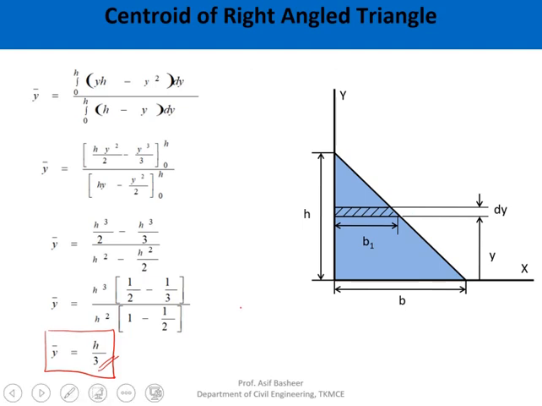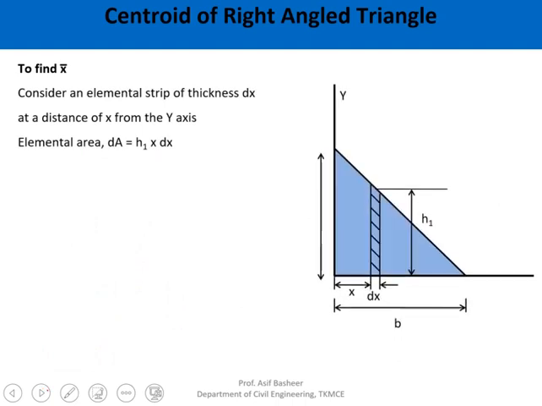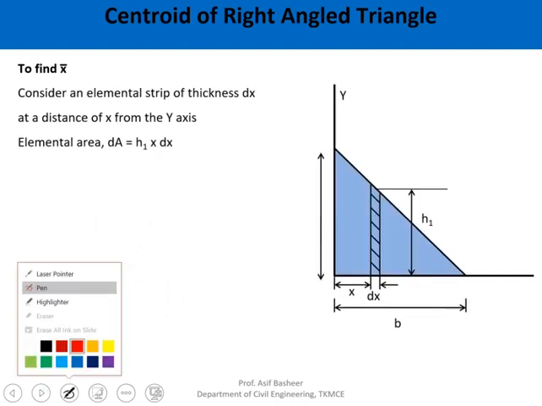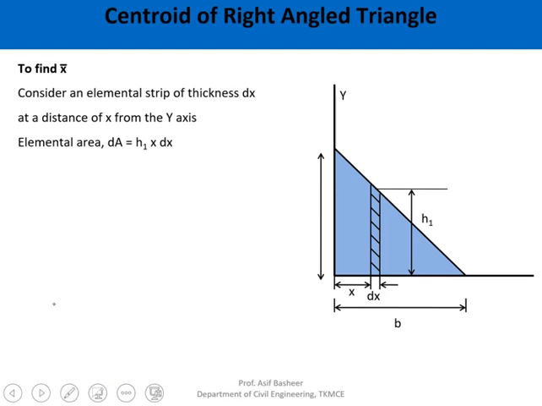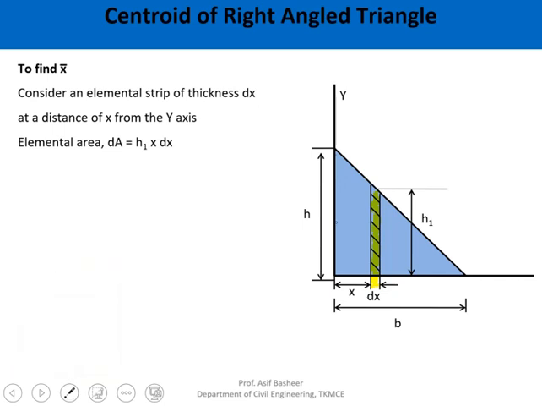Similarly, in order to find the x bar, I need to consider a section having width dx at a distance of x from the y-axis. Here also I need to consider the similarity of triangles. In order to do that, I will be considering this section as a whole, and this as another section.